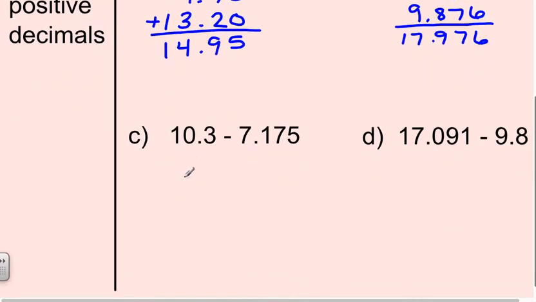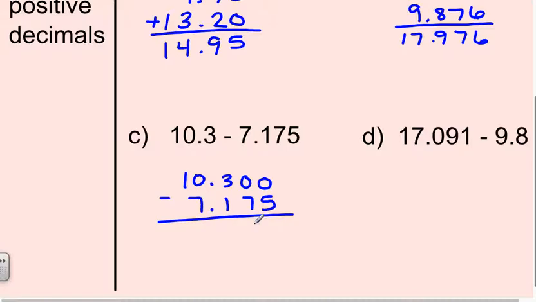Subtraction is no different. In this case, I have 10 and 3/10, and I need to take away 7 and 175 thousandths. Well, I can't do that because this number on top doesn't have any hundredths and doesn't have any thousandths. So I hold their value with a 0. I have nothing here to subtract from, so I borrow from the 3 in the ones place.